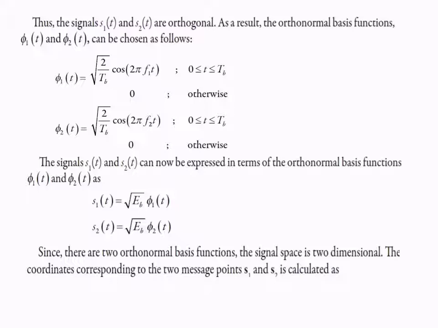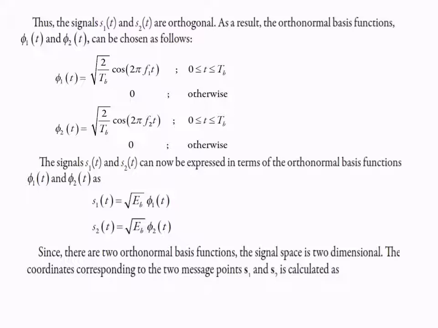When we compare these equations of phi1(t) and phi2(t) with the previous equations of S1(t) and S2(t), S1(t) can be written as root of EB phi1(t). Similarly, S2(t) can be written as root of EB phi2(t).